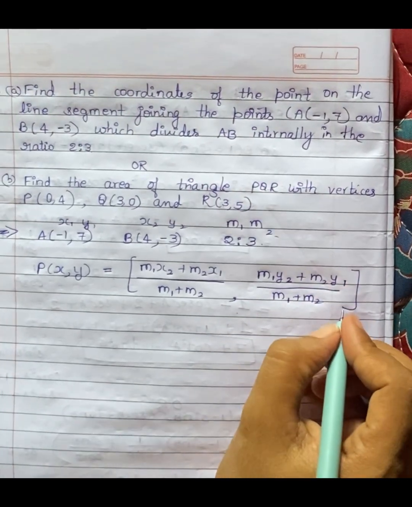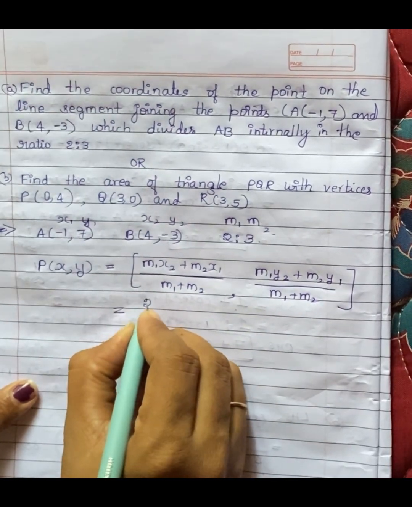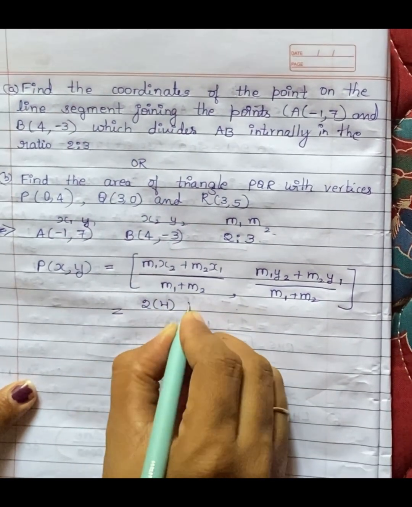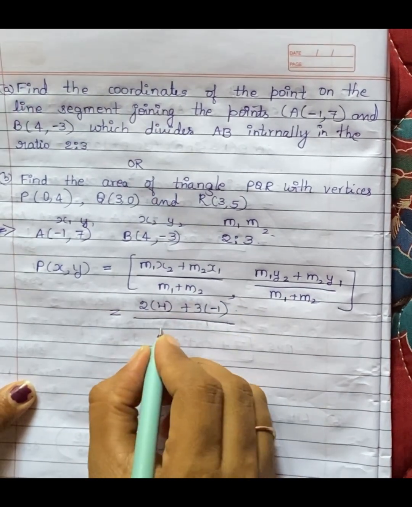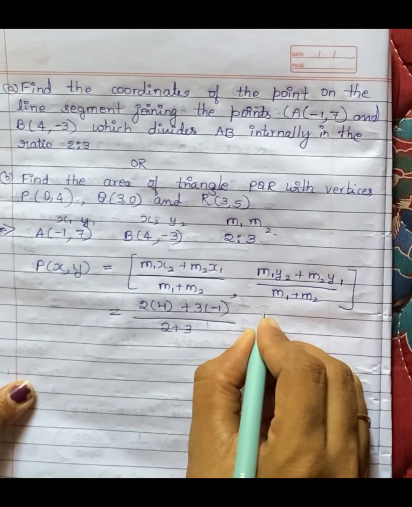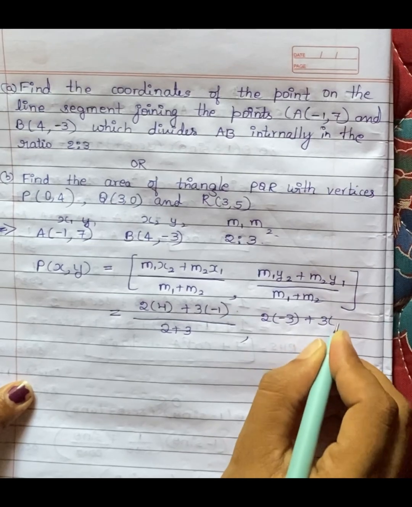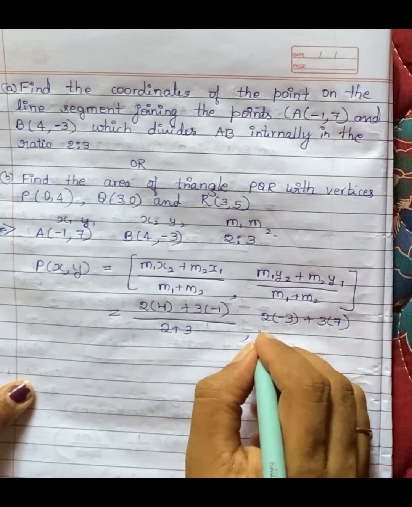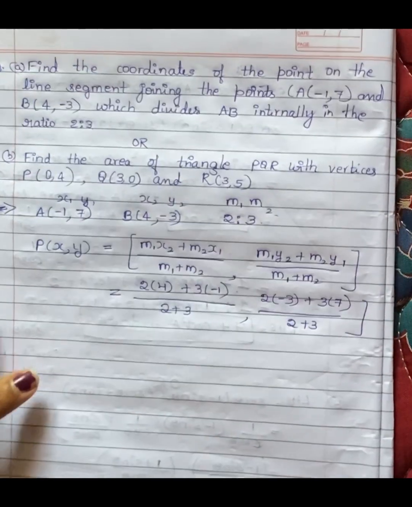Now we need to replace this formula with the given values. That is 2 into 4 plus 3 into minus 1 divided by 2 plus 3, comma 2 into minus 3 plus 3 into 7 divided by 2 plus 3.